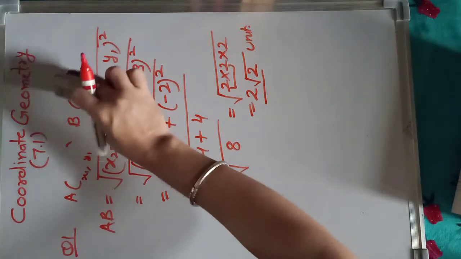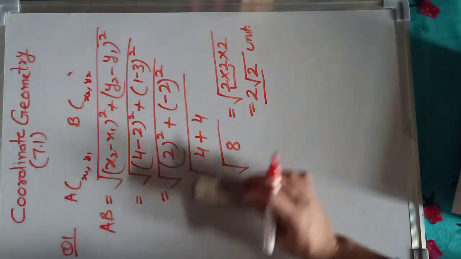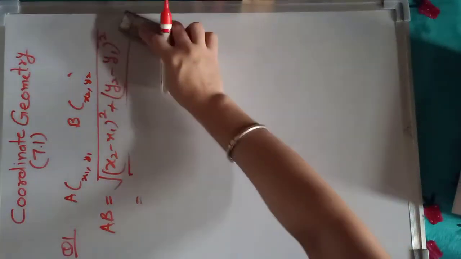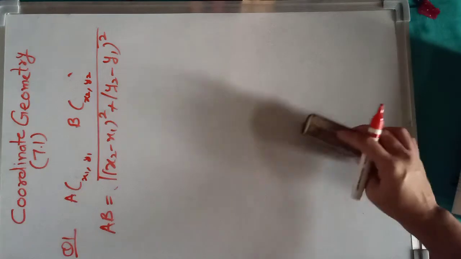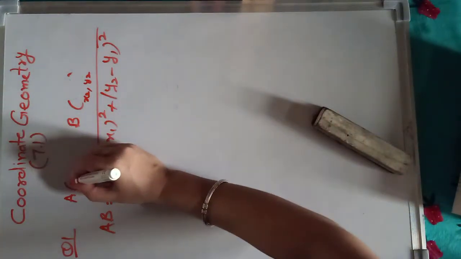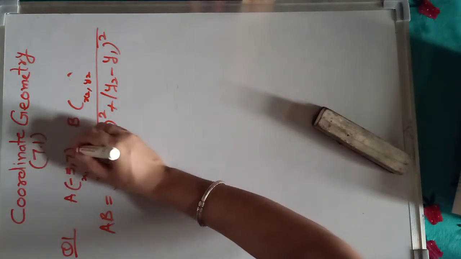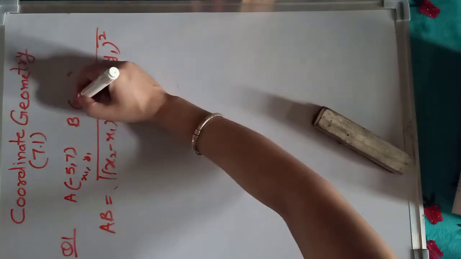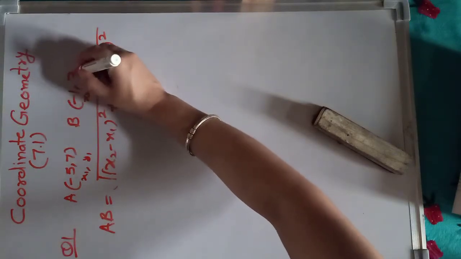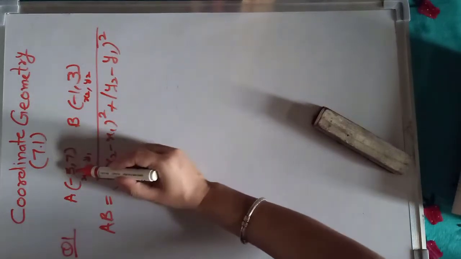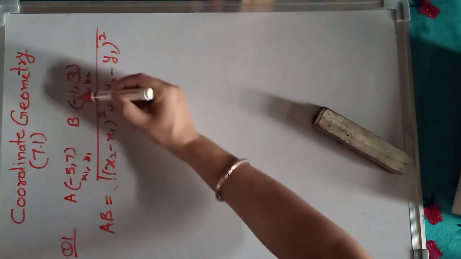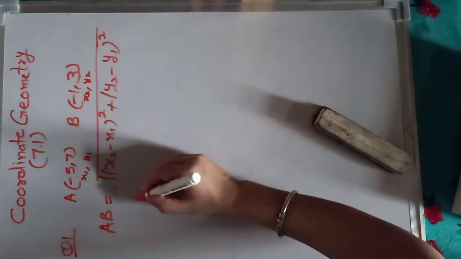Then similarly for the next, they have given the points here. Now the points are given as (-5, 7) and (-1, 3), as (x1, y1) and (x2, y2).